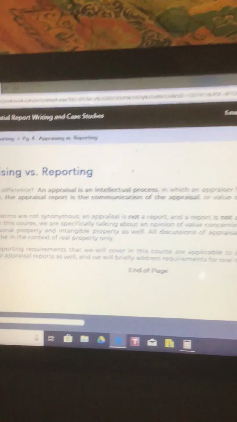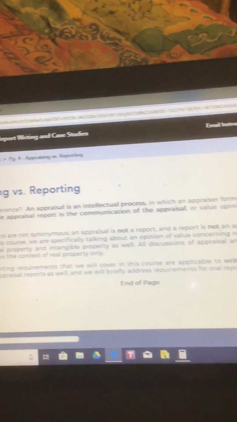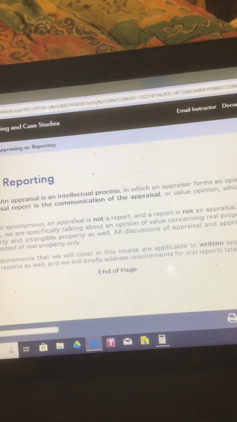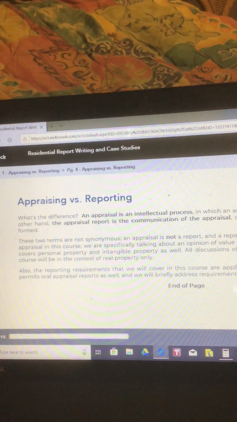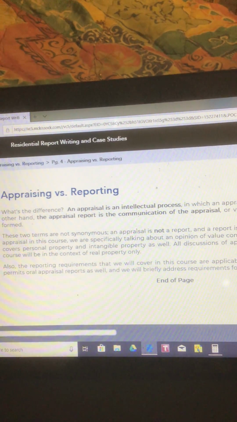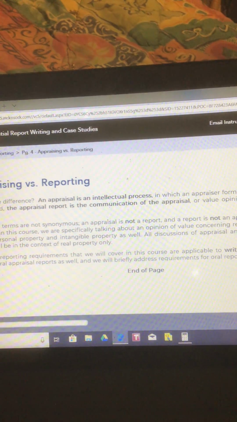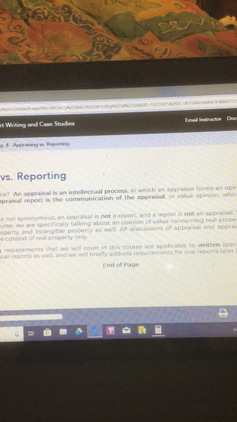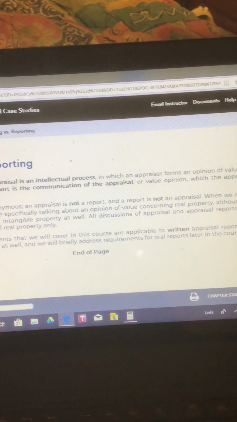On the other hand, the appraisal report is the communication of the appraisal or value opinion which the appraiser has formed. These two terms are not synonymous.